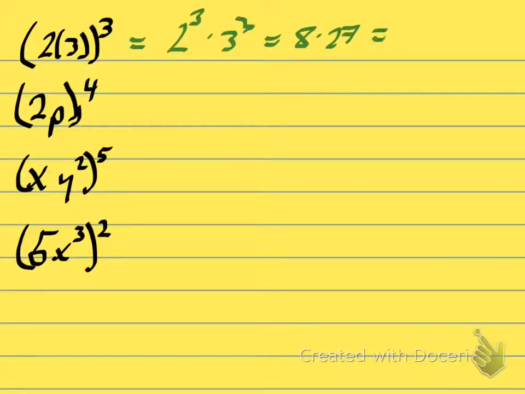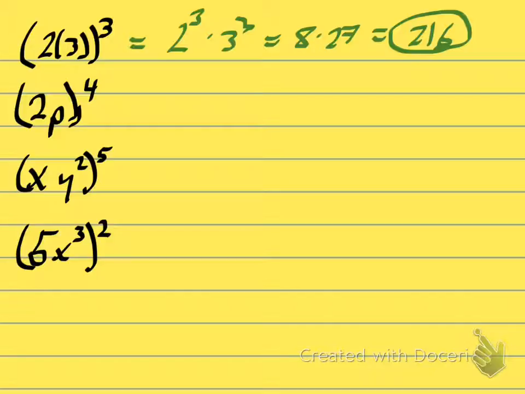And if I multiply 8 times 27, 8 times 7 is 56, carry the 5. 8 times 2 is 16, plus the 5 we just carried will give me 21. And sure enough, I get 216. Okay? So, on the rest of these, make sure that you take anything that's inside the parentheses and raise it to the power. Okay? So pause the video and come back when you've done all 3 of these problems.